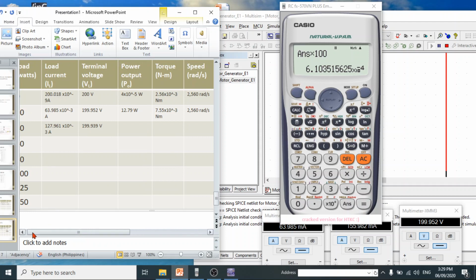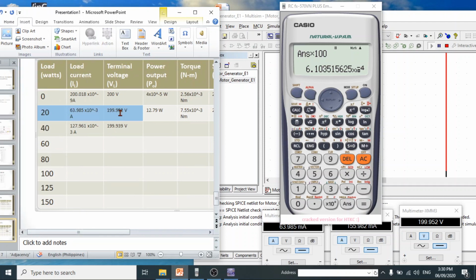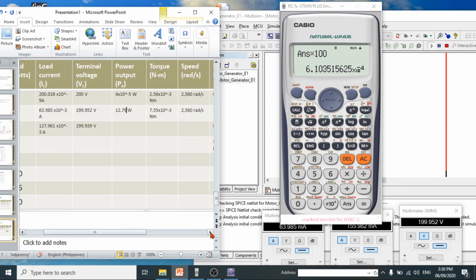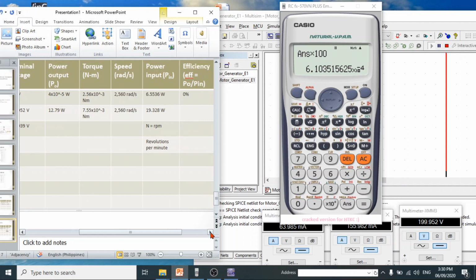Okay, so for the 20 watts load, we can calculate the efficiency. The efficiency of the generator is equal to the power output, that's 12.79, divided by 19.328, times 100%.